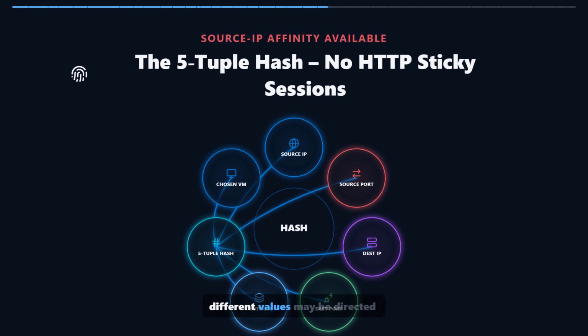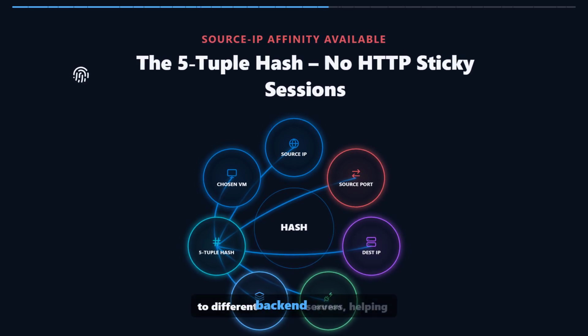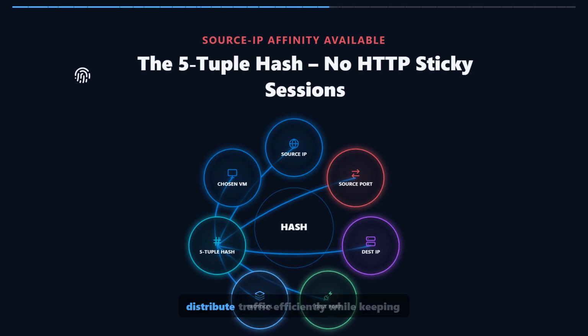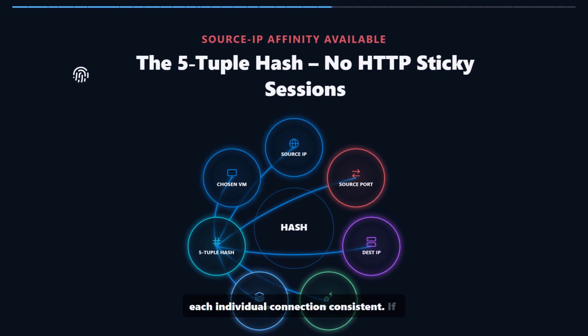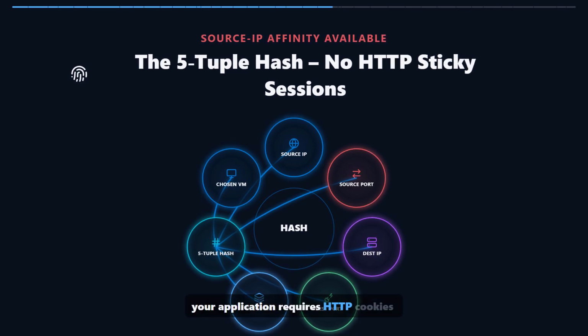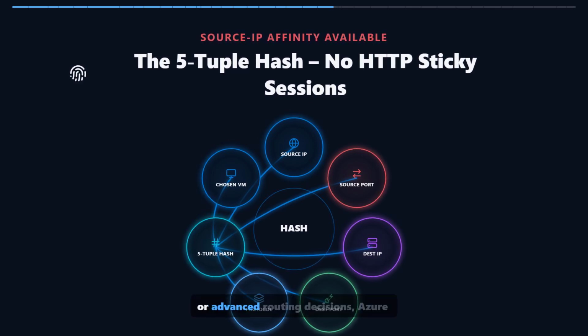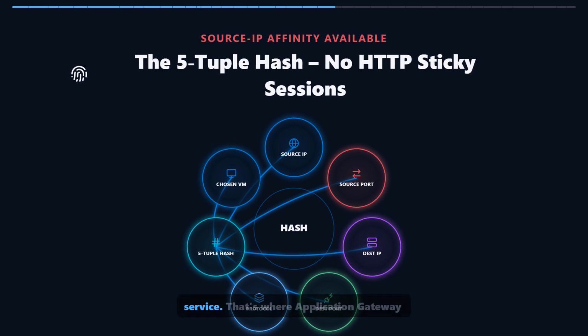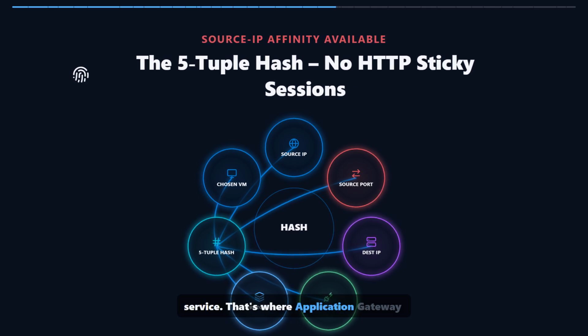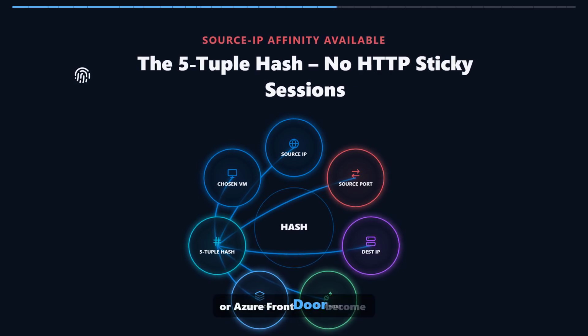Connections with different values may be directed to different backend servers, helping distribute traffic efficiently while keeping each individual connection consistent. If your application requires HTTP cookies or advanced routing decisions, Azure Load Balancer isn't the right service. That's where Application Gateway or Azure Front Door become the better choice.